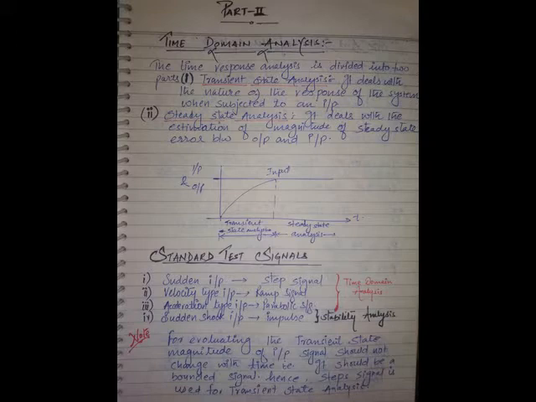To evaluate the transient state, the magnitude of the input should remain constant. That is why transient analysis is usually done by subjecting the system to step or impulse. Generally we use step signal because the impulse signal we use only in stability.